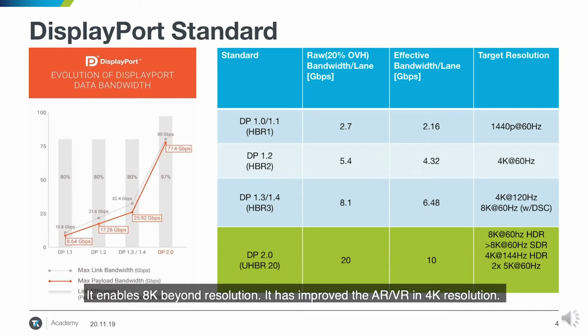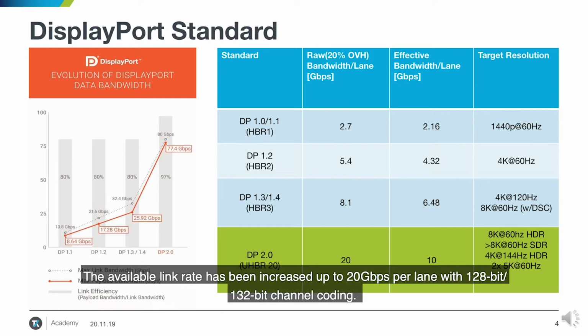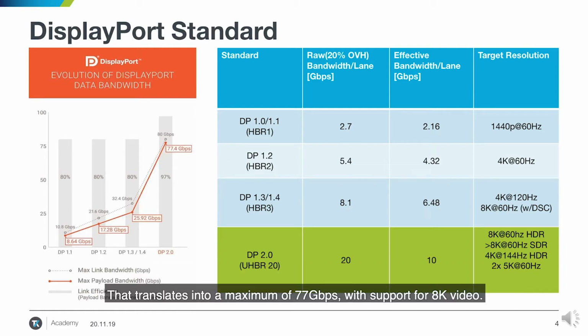It enables 8K and beyond resolution. It has improved augmented reality and virtual reality in 4K resolution. The available link rate has been increased up to 20 gigabits per second per lane with 128b/132b channel coding. That translates into a maximum of 77 gigabits per second with support for 8K video.